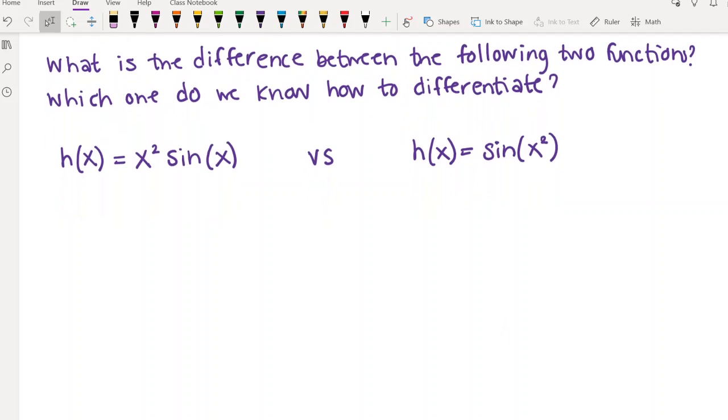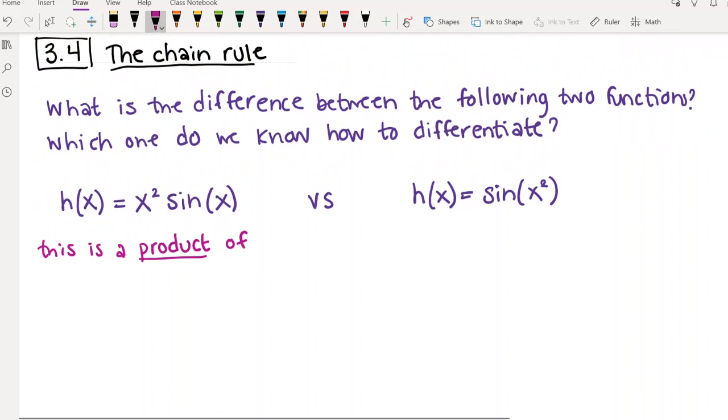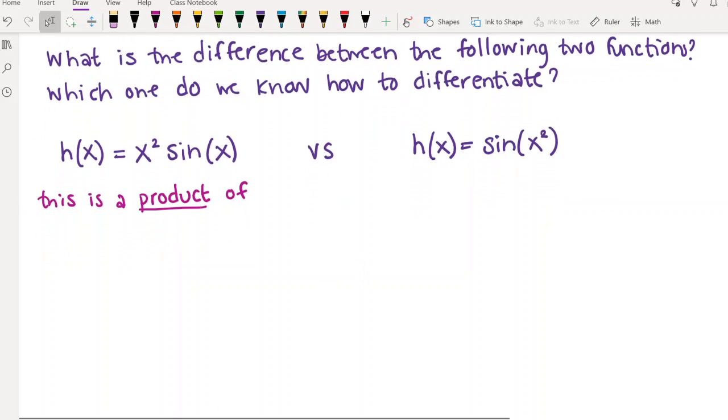Okay, so what is the difference here? Well, what I would say is that the first one is a product of two different functions, right? So this one is a product of two functions. Sorry, I don't know why my screen is not behaving well right now.